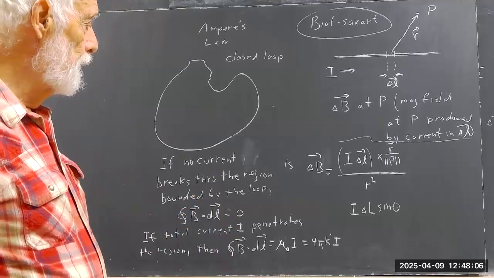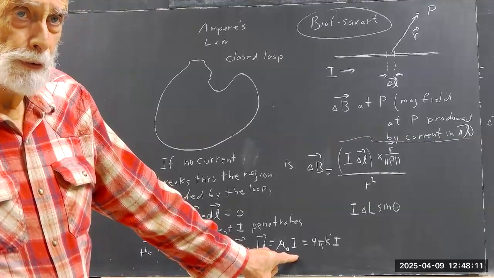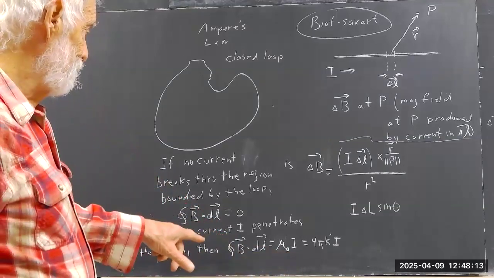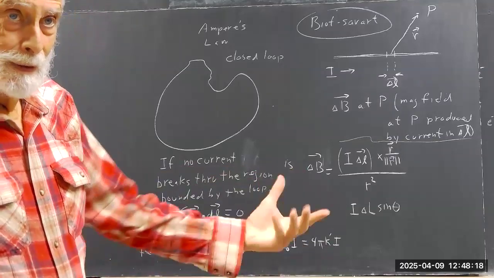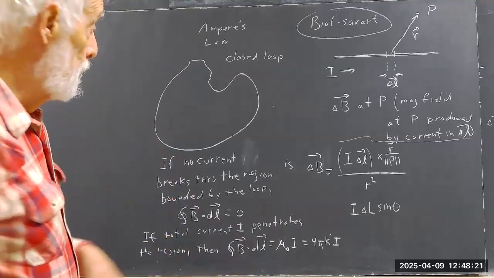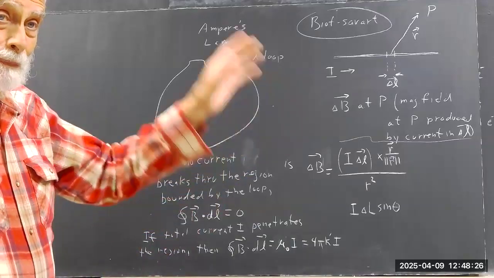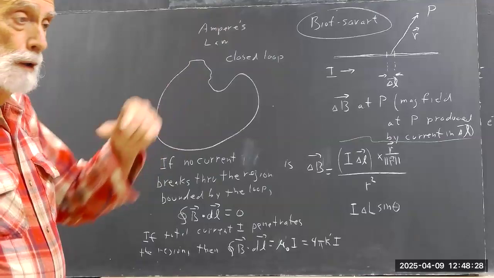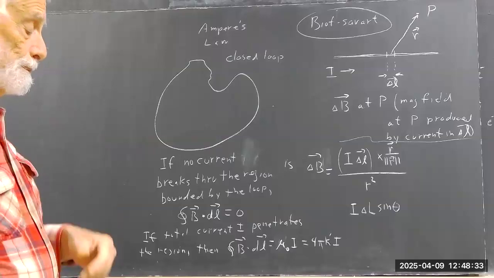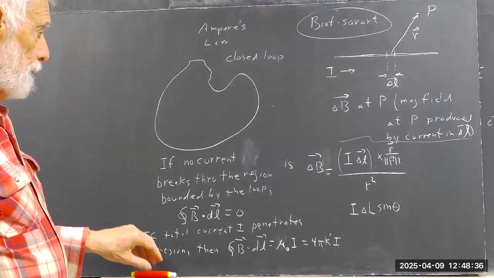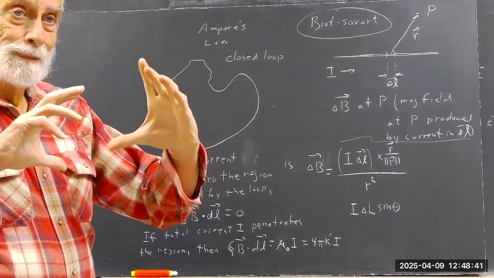If you have a bunch of currents, you could say this would be the sum of them. You can use a summation here if you want to, but I define I to be the total current, the sum of all currents passing through the loop. That could be electron beams passing through, it could be ions, or it could be wires carrying currents. You can think of the Helmholtz coils.